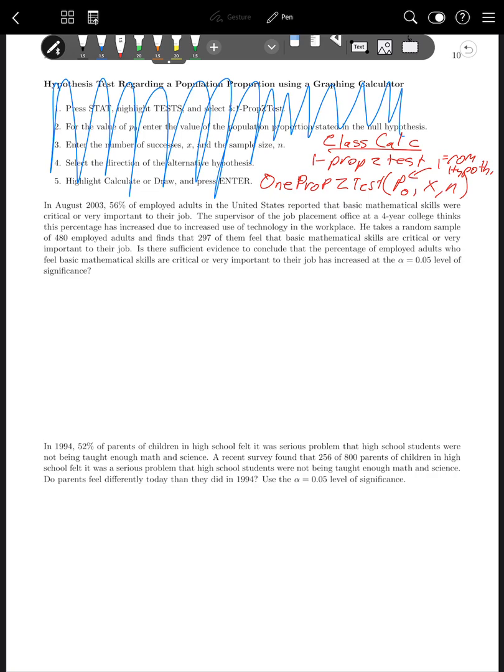He got a random sample of 480 employed adults. So then we want to take n, which in this case is the sample size, 480, times p naught, which is 0.56, 56%, times 1 minus 0.56, and see what we get for that.